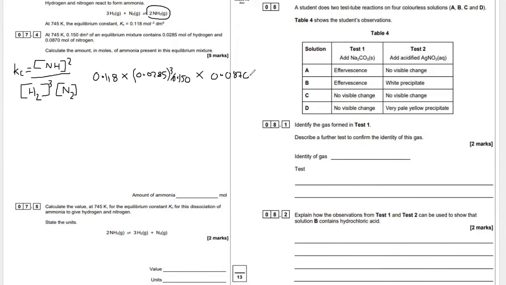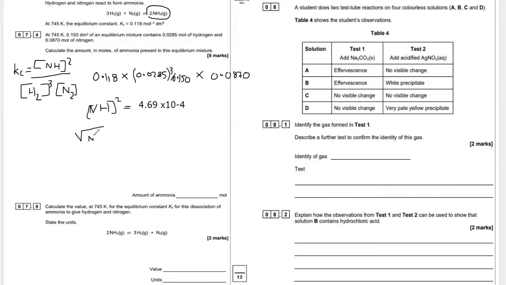And what we're going to find is that NH3 squared, when we pump that all into the calculator, is 4.69 times 10 to the minus 4. Now we want to square root that.